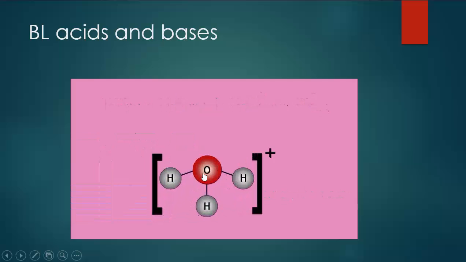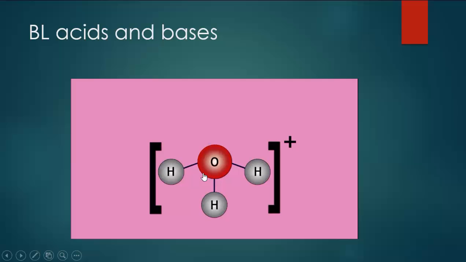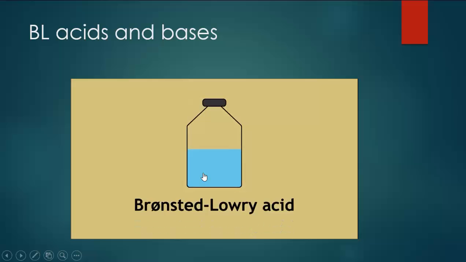A hydronium ion is also known as an oxonium ion. A Bronsted-Lowry acid is a substance that releases or donates protons in solution, in our case, hydrogen chloride. A Bronsted-Lowry base is a substance that accepts protons in solutions, in our case, water.